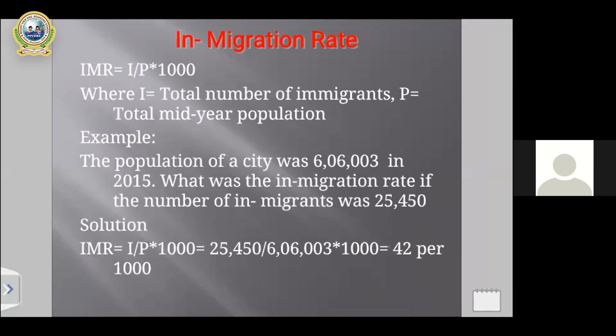After the meaning of I and P, now one of the examples I have mentioned, you can see on the slide, the screen. First of all, I am going to read the example. The population of a city was 6,06,003 in 2015.